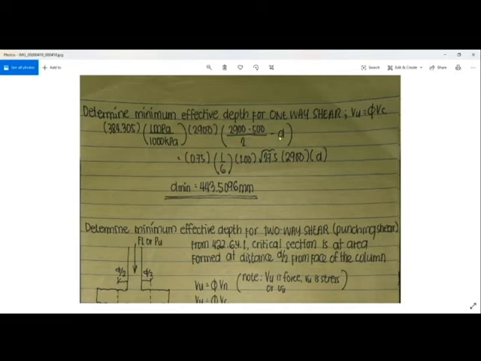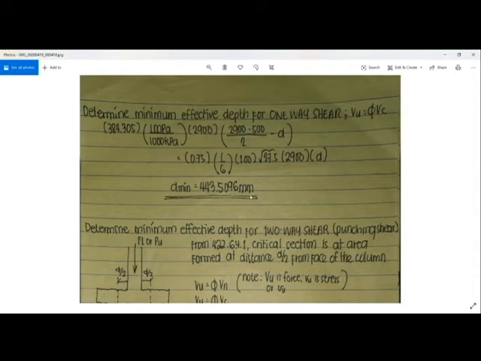This is our VU from earlier, which is equal to VC, which is 0.75 multiplied by 1/6 times 1 (lambda) times the square root of f prime c, 27.5, times 2,900 multiplied by d. We can solve for the value of d here using Shift Solve or any other means from your algebra.